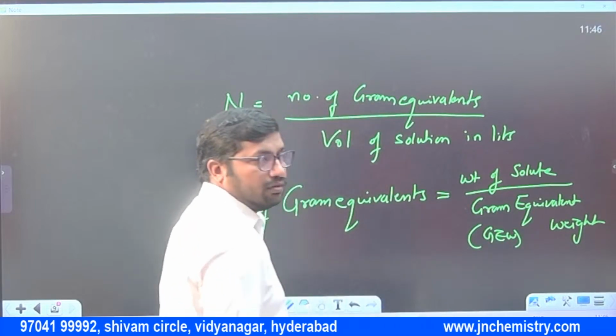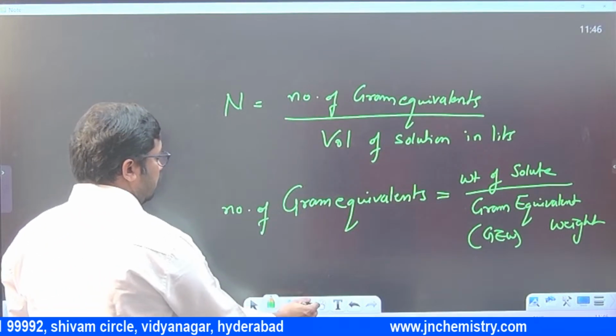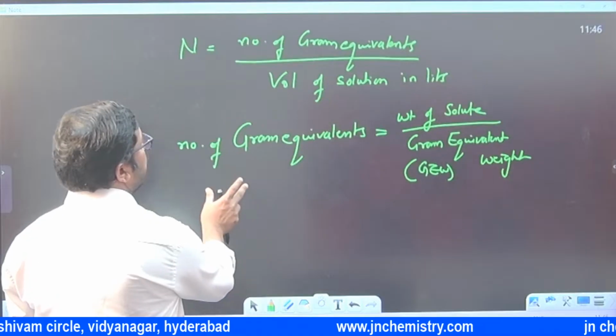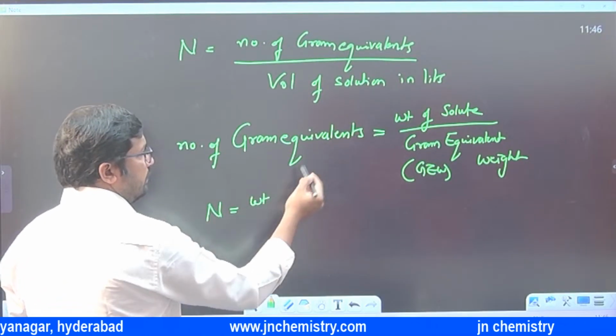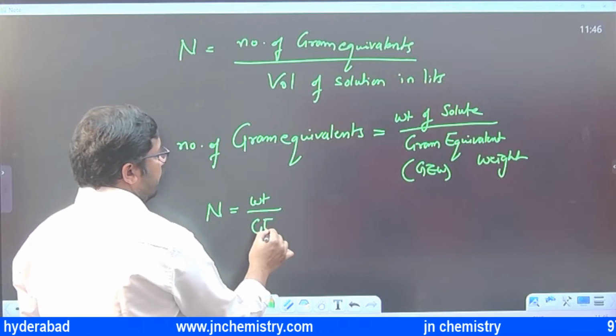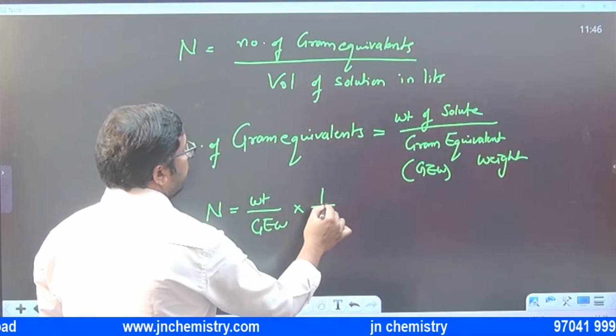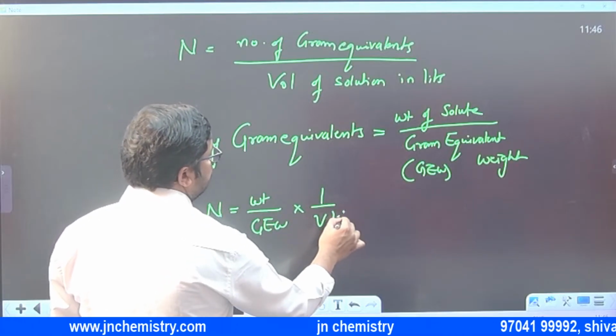Write it down. So from above we can replace this formula. Normality is equal to weight of solute by gram equivalent weight into 1 by V liters of solution.